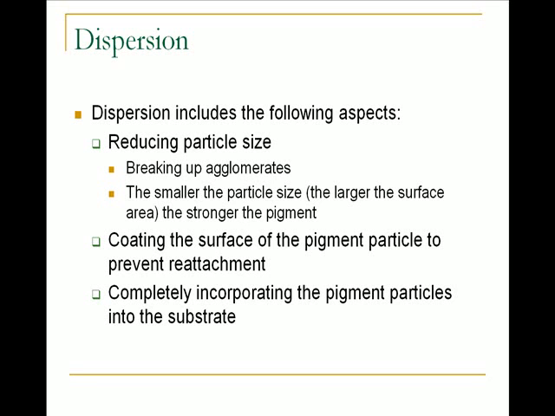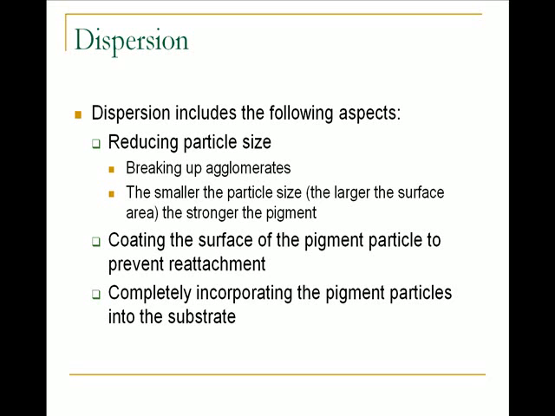Particles are in contact with the plastic all the way around. There are no air gaps in between the two of them. Those cause problems with how light reflects off of the particles. So we want complete wetting of the pigment particles to have complete incorporation of the pigments into the substrate.